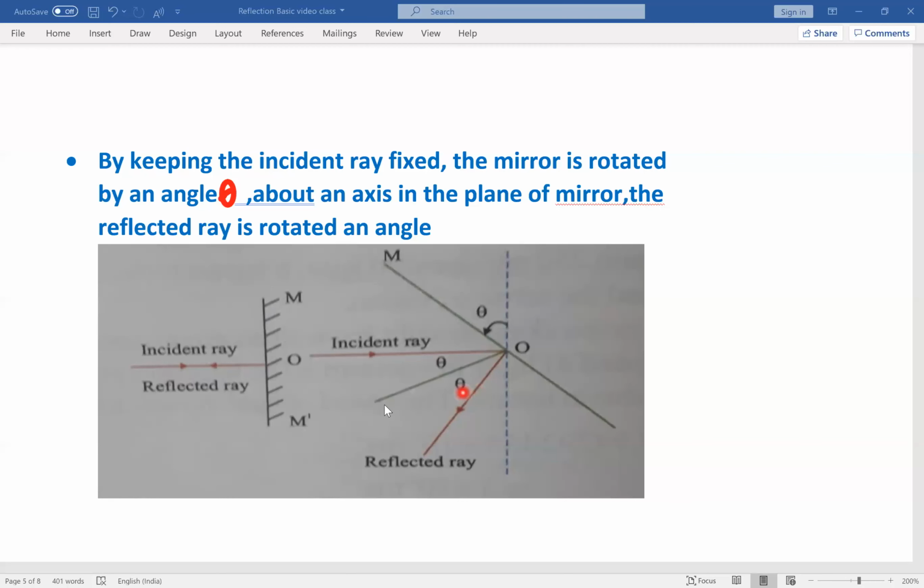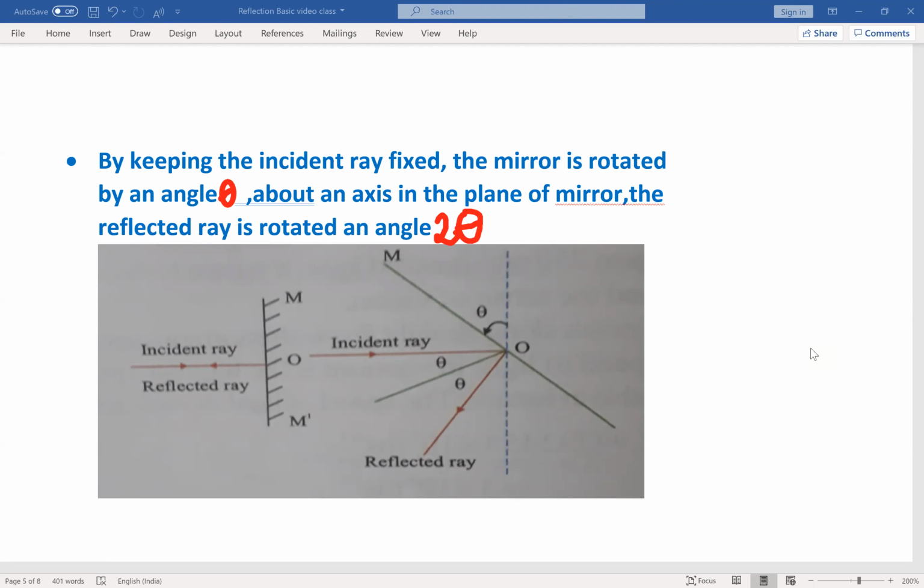Look into the diagram. In this case, the mirror is rotated in the anticlockwise direction through an angle theta. Immediately, the normal drawn at that point of incidence also rotates by angle theta.